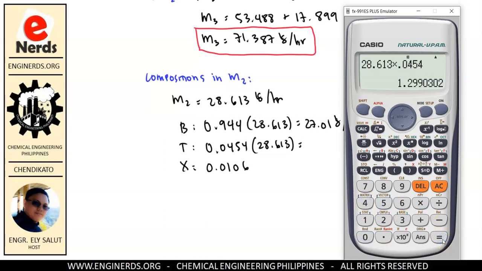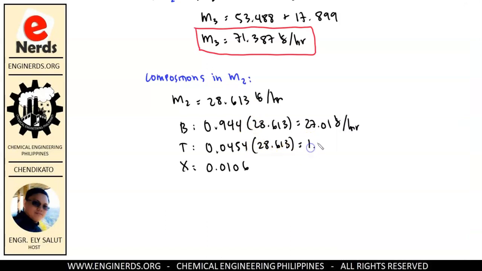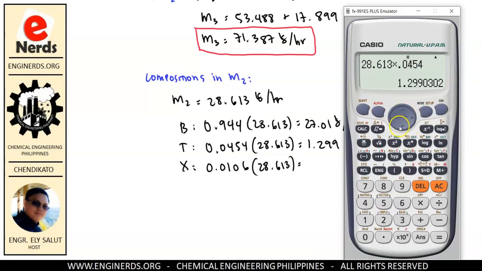This is equal to 1.299 kilogram per hour. And then here we have 28.613 times 0.0106.